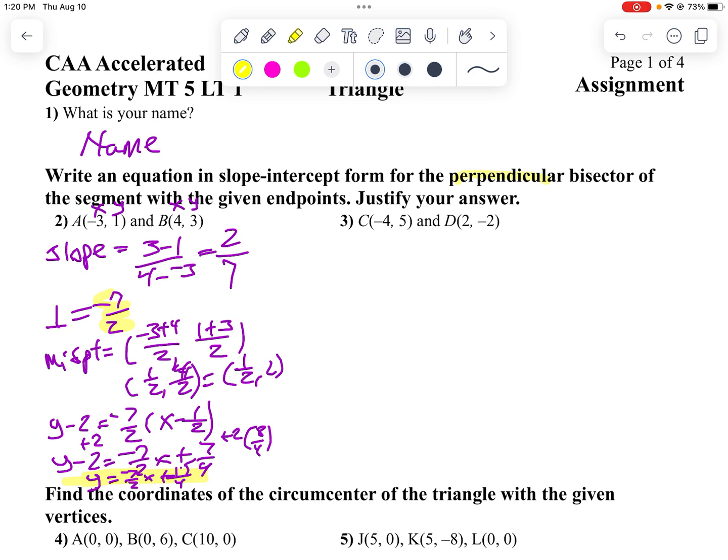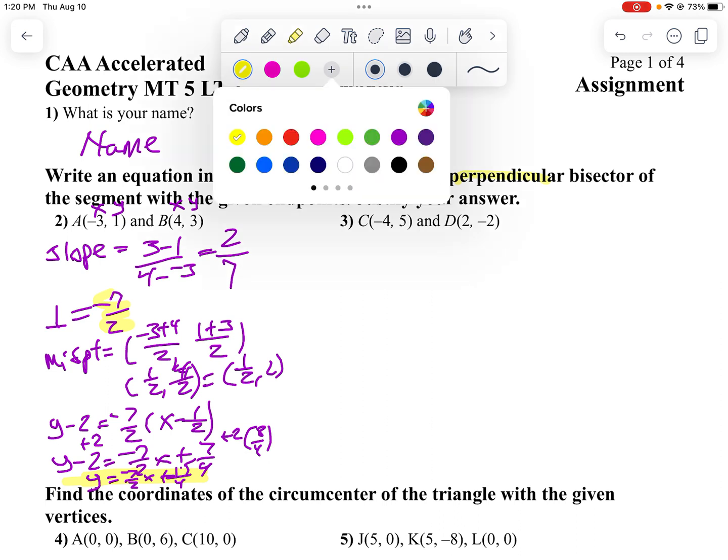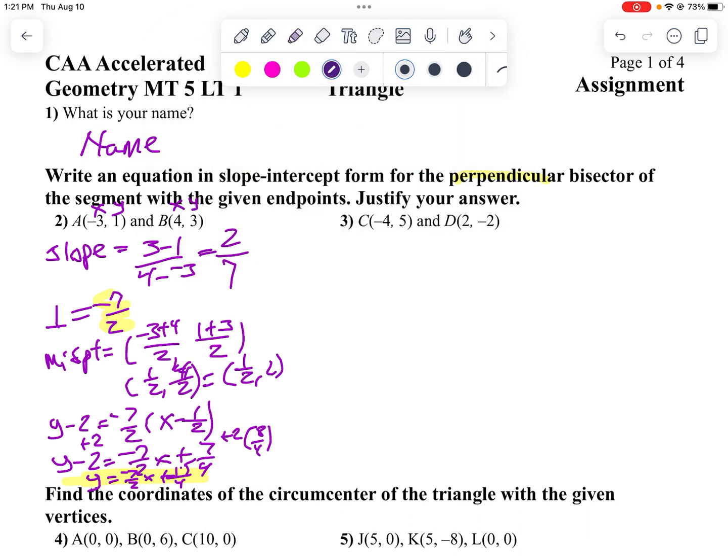Okay, we'll do the same thing on question 3. Let me see if I can do this in a quicker way, because it's pretty much the same question. So I'm going to find the slope. Whoops. There we go. So my slope is going to be negative 2 minus 5 all over 2 plus 4.